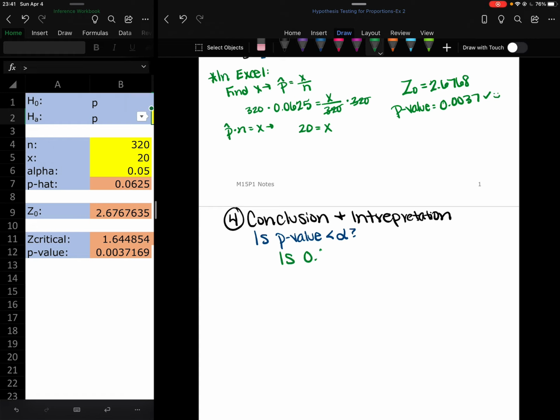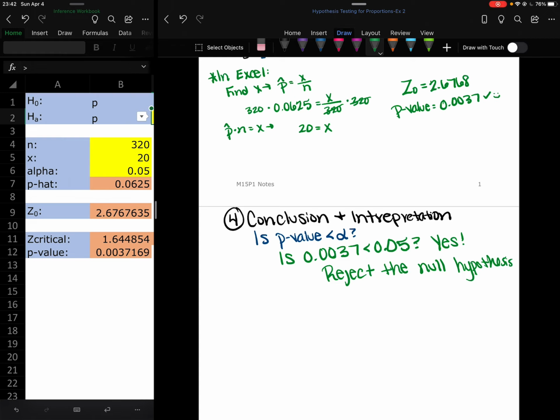So is 0.0037 less than my alpha, which was 0.05? Yes. My p is low, so I'm going to reject H0. I'm going to reject the null hypothesis. So for the conclusion, is the probability of your results too small?